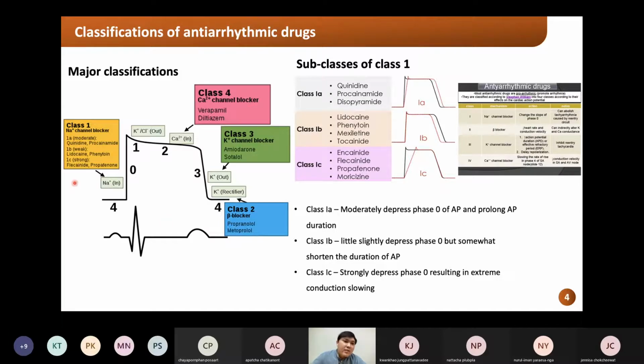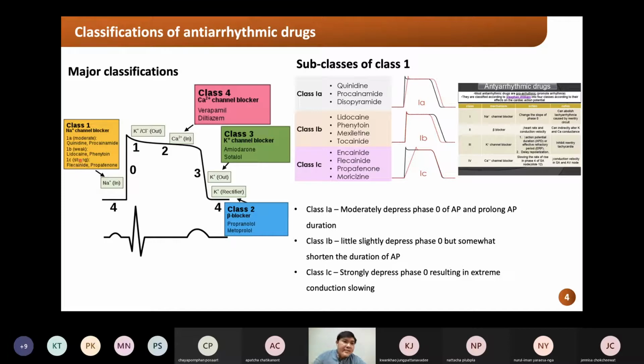Class 1 is the sodium channel blocker. It blocks the influx of sodium into the cell by blocking the sodium ion channel, which reduces the excitation of electrical activities like the action potential.